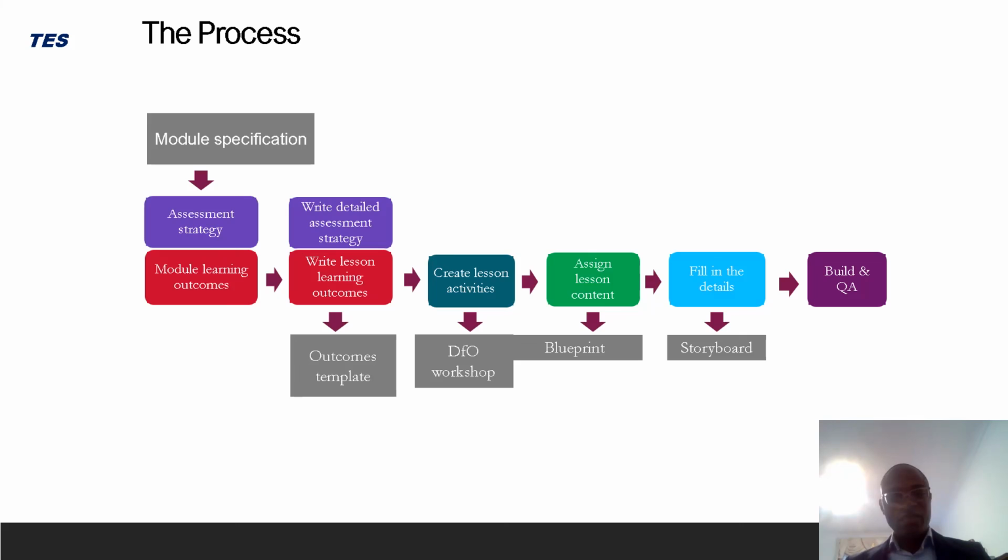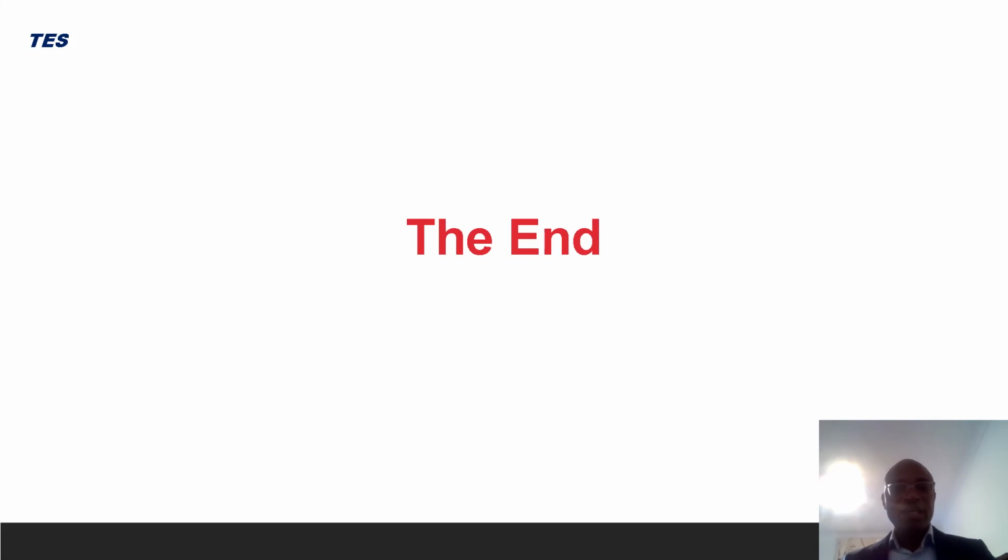And finally, that should lead to a storyboard, okay. So there should be module outcomes as well as lesson outcomes, okay. So module outcomes, then lesson outcomes, some kind of activities engaged, and content is developed, and finally that should lead to some storyboard where you try to practicalize the actual learning process. Thank you very much.